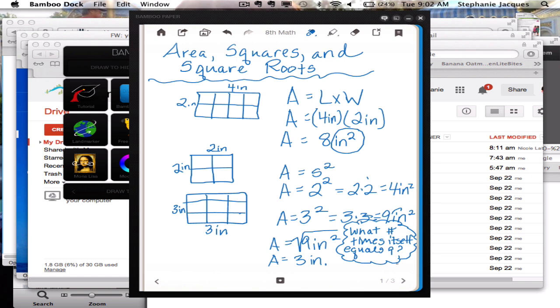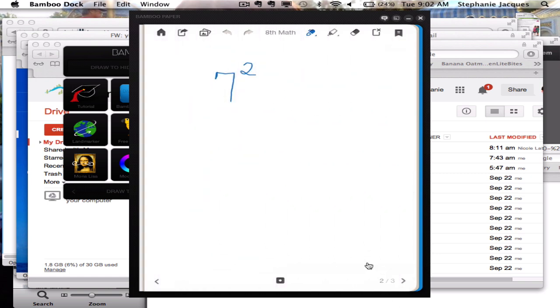Let's move on. So let's break apart something with the exponents. Let's say we have a power like this, 7 to the second. This whole thing is called a power. That includes this number and this number. Then when you break it apart, the number right here is called the base number.